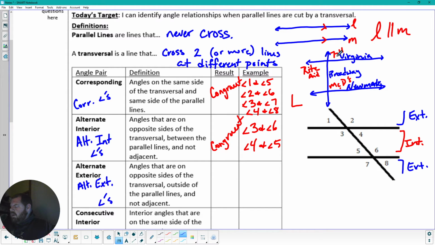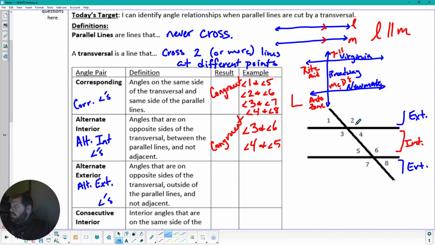In my analogy here, we've got 7-Eleven on the exterior of the parallel lines, and its alternate exterior counterpart is AutoZone, the auto parts store just down the hill there. Okay, those are alternate exterior of each other.